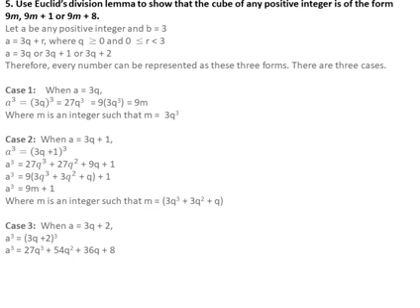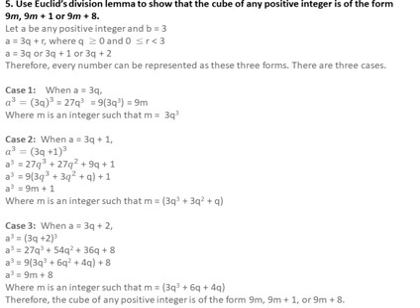Take 9 as common. Then a cube = 9(3q cube + 6q square + 4q) + 8. Here I will assume 3q cube + 6q square + 4q as m. Then a cube = 9m + 8. Therefore, the cube of any positive integer is of the form 9m or 9m + 1 or 9m + 8.